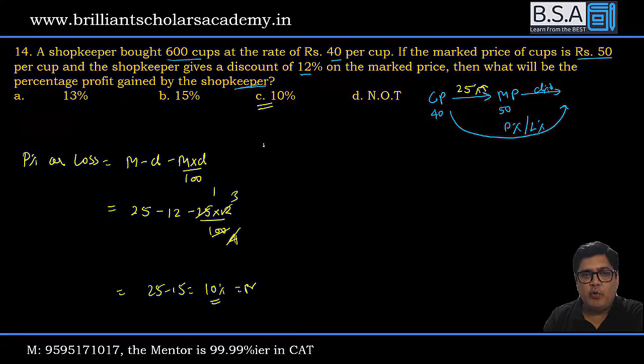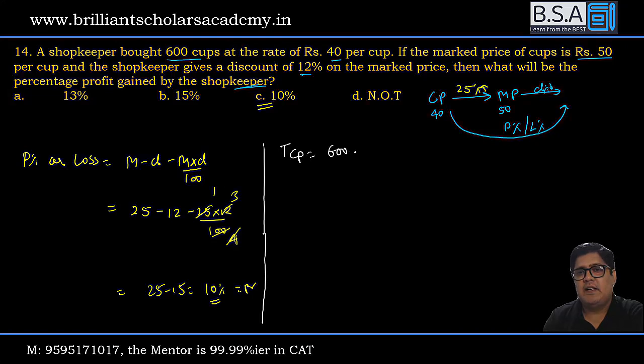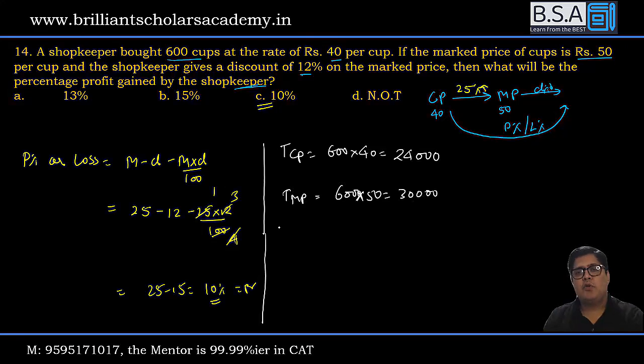Let us say I want to solve this question through prices. So total cost price will be 600 into 40, that is 24,000. Total marked price of these cups would be 600 into 50, which is 30,000. So the selling price would be a 12% reduction, or rather 88% of the marked price.